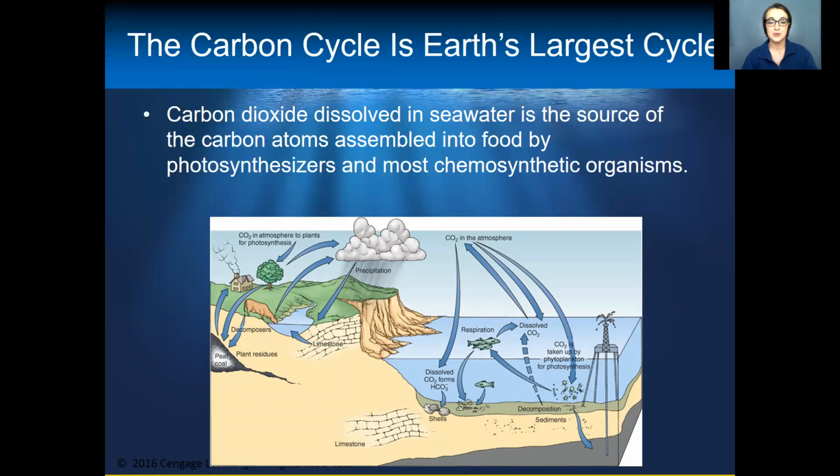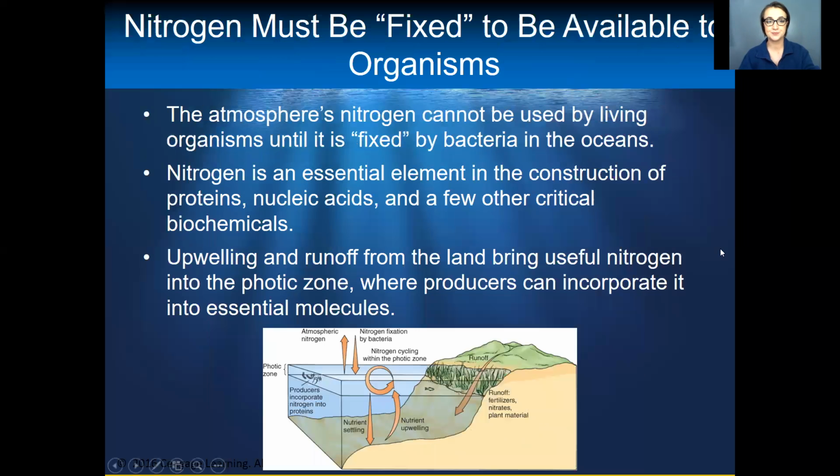You can see an example of the carbon cycle here, how it is moving through the ocean. It's typically found in a combination of respiration and decomposition, and then is released back into the atmosphere. So definitely a big part of the atmosphere to ocean relationship.